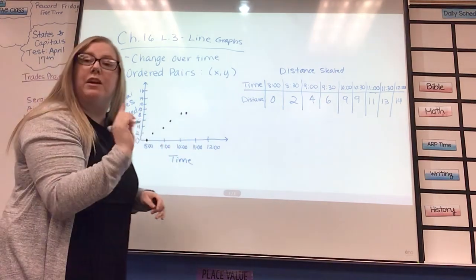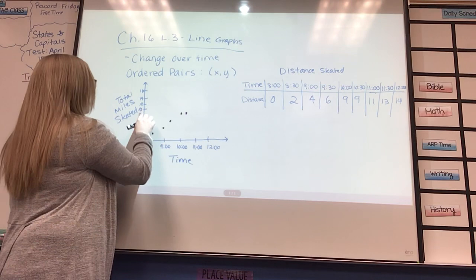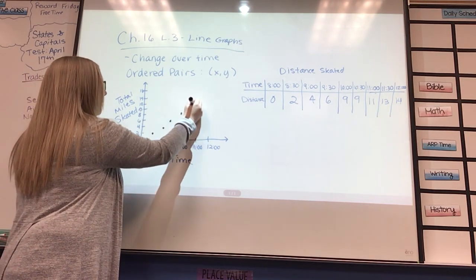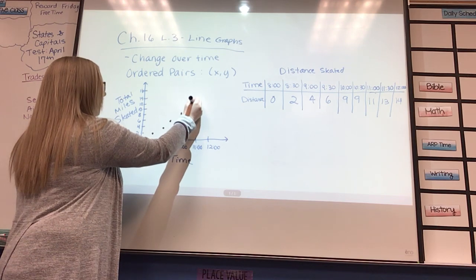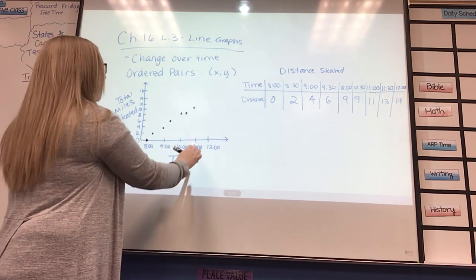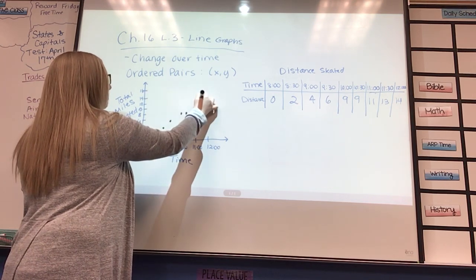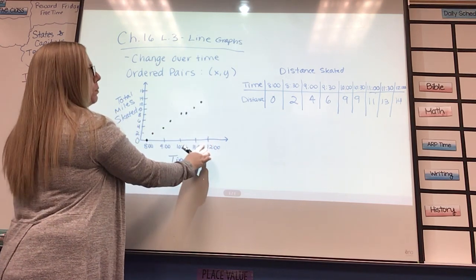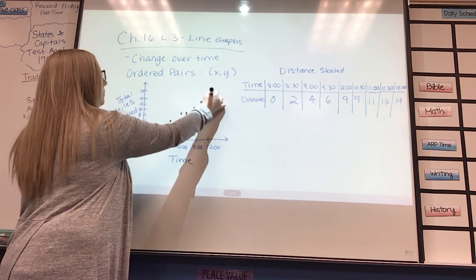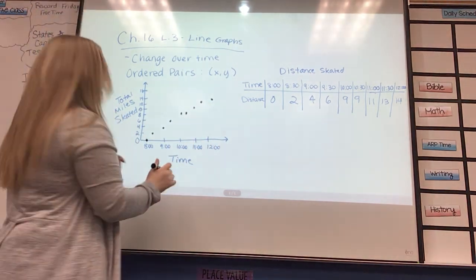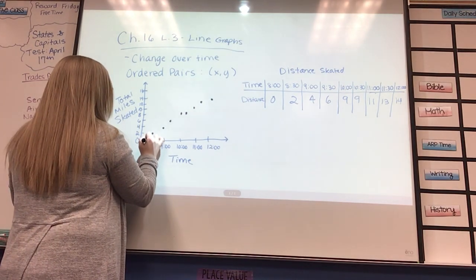Oh, that's kind of funny. 11 is 11. 11:30 is 13. And 12 is 14. Okay, and then I should have a graph.